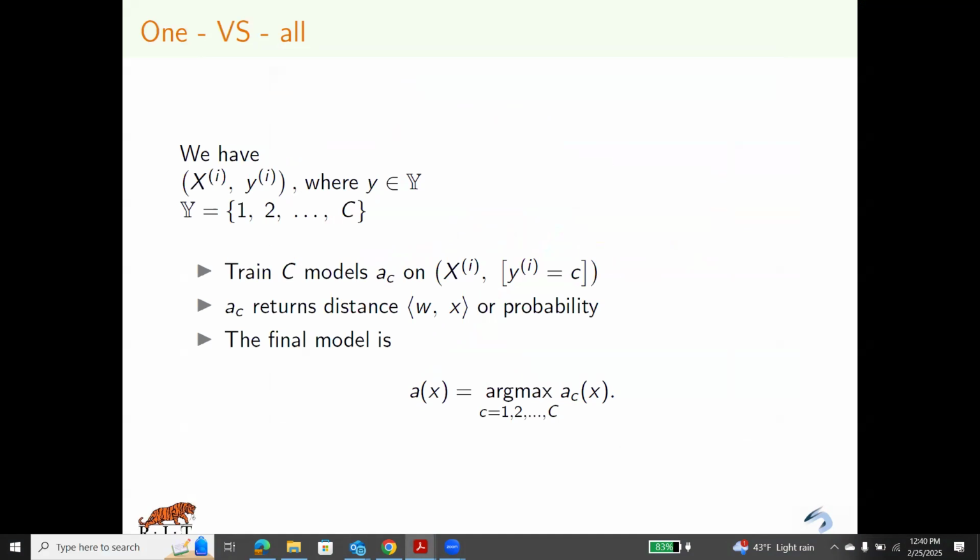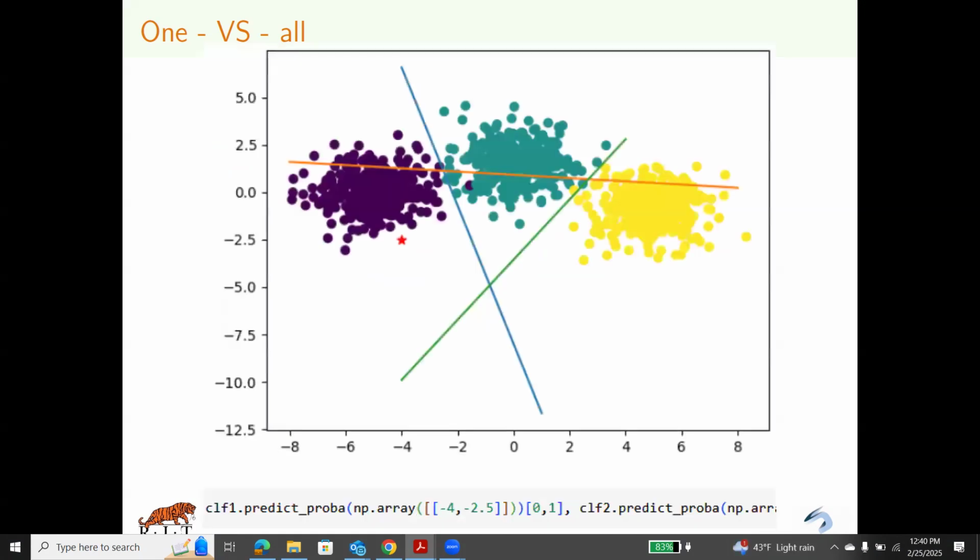Then based on the returned value, which can be a dot product or probability, we choose the index, and this index we assign as the class to our data. So we choose the classifier with the highest probability or highest returned value.